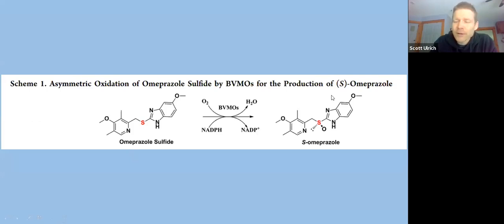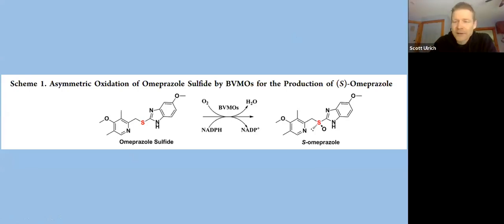The lone pair on sulfur basically holds its configuration, so you can have a sulfoxide that's chiral, and in this case S. But that is sort of a funny thing about sulfoxides, is that they have four different groups if you include the lone pair, and they're configurationally stable.